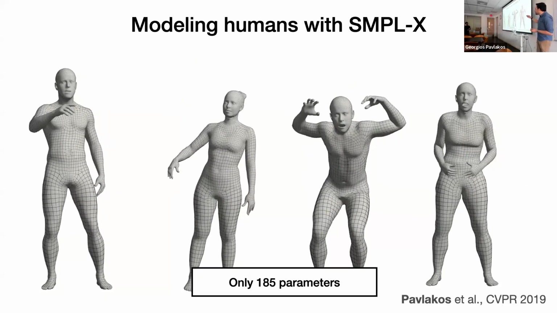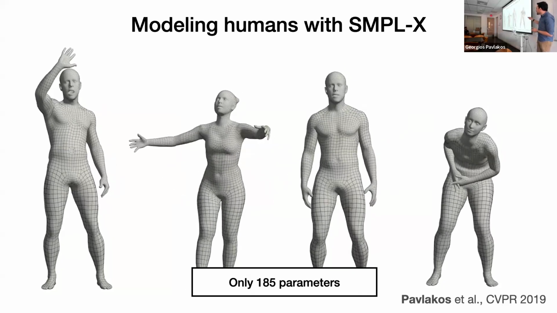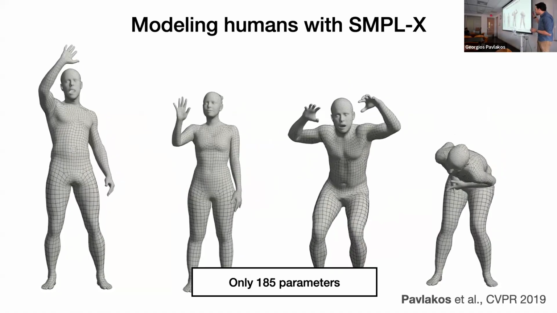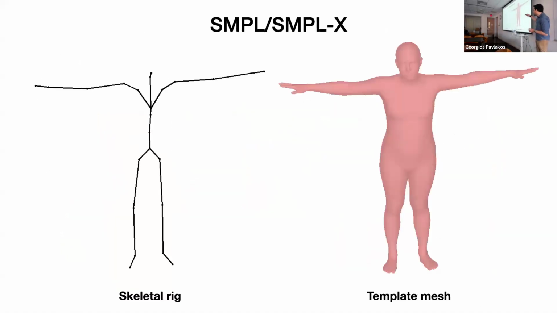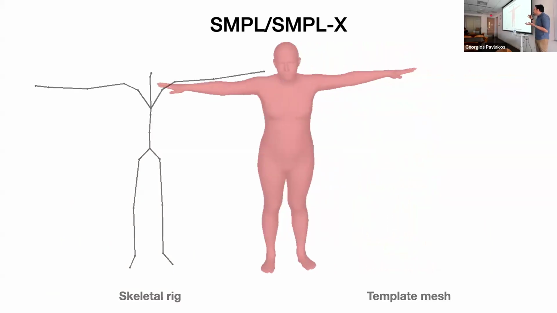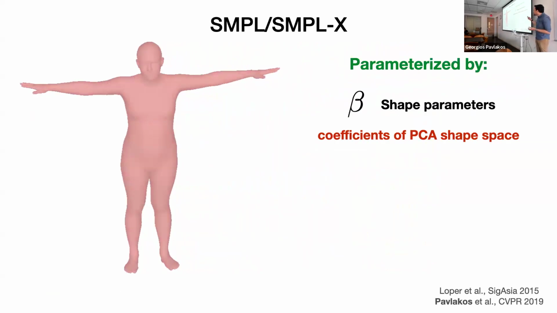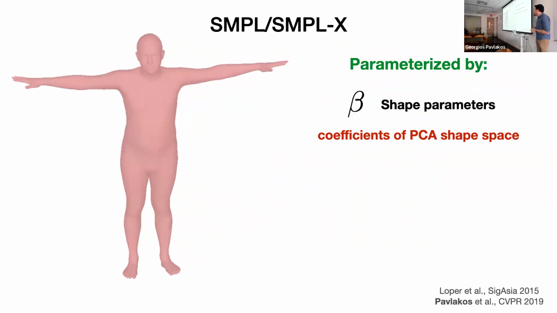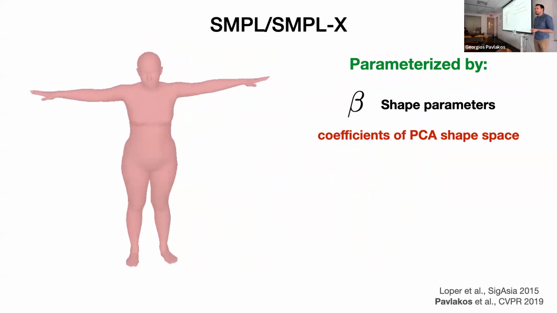To give you a little more information about what happens behind the hood for this type of parametric model, we start with a skeletal rig and a template mesh, and SMPL gives us parameters that allow us to deform the mesh and create different poses. The very nice thing is that these parameters are well disentangled. We have different parameters that control the body shape of the person, which effectively change how tall, short, or thin a person is.